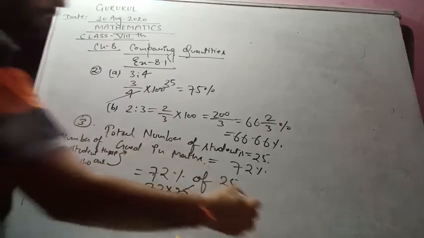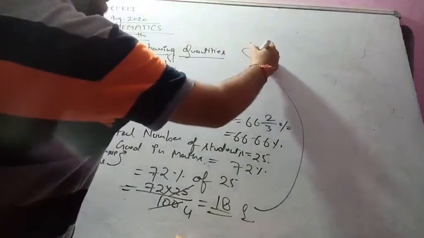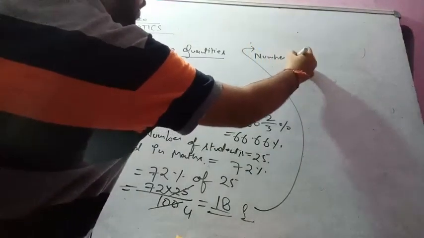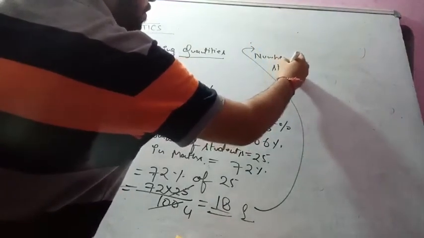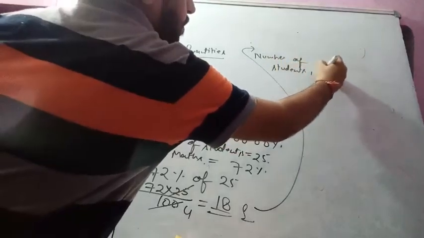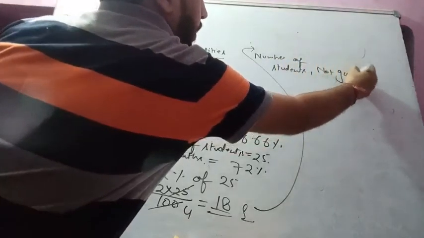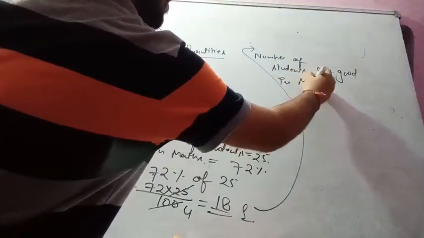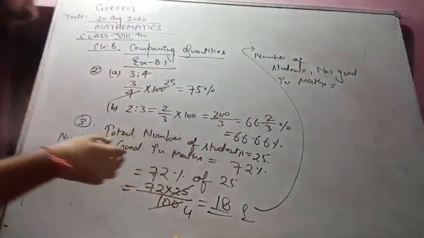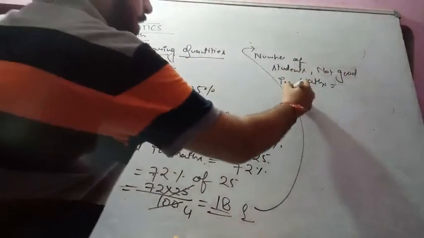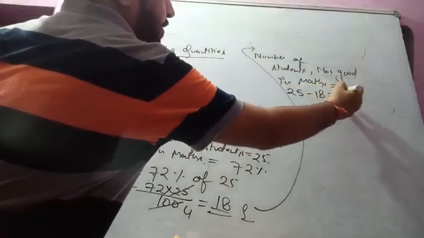18 are good. How many are not good in maths? Number of students, those who are not good in maths. So that will be 25, the total number of students. 18 are good. So 25 minus 18. This will be 7.